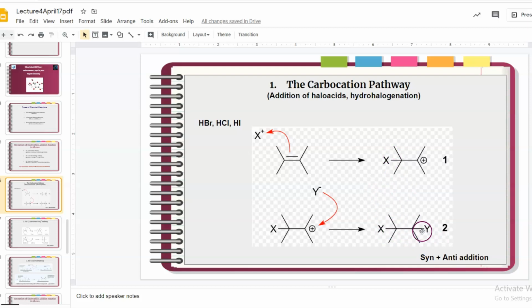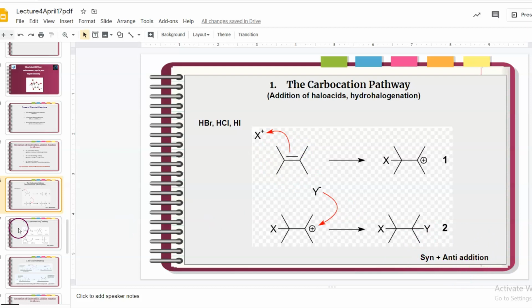X would be on the top, Y would be on the bottom, if you consider this a reference line. And that type of addition is called anti-addition. Anti means opposite, syn means similar. Just remember, in the carbocation pathway, whenever you are adding a haloacid to an alkene, the final mixture will be a mixture of syn and anti products.